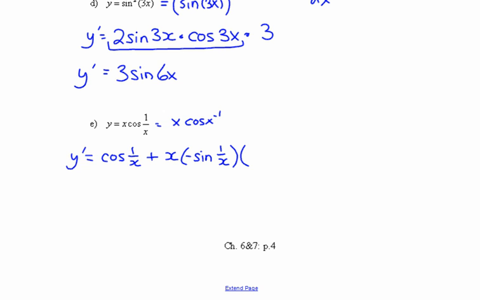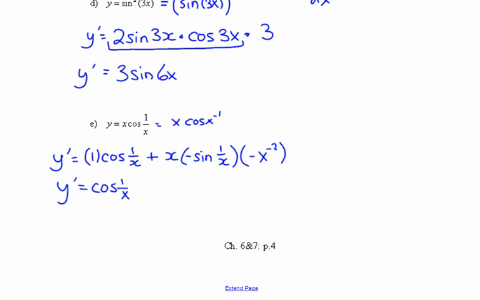So this here is actually 1 times. We're doing product rule. Okay? Derivative of x to the negative 1, because we have to do the derivative of our inside still, is negative x to the negative 2. Okay? So we can simplify this to be cos of 1 over x.